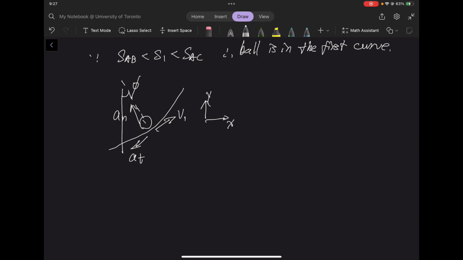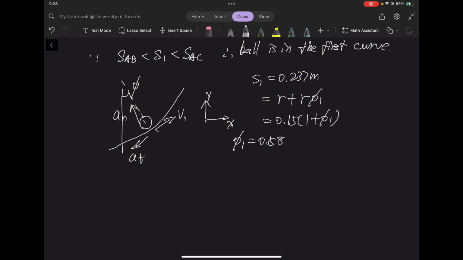So we could say S1 is equal to 0.237, which I got before, is equal to R plus R C1, equal to 0.15 times 1 plus C1. C1 is equal to 0.58 radian.